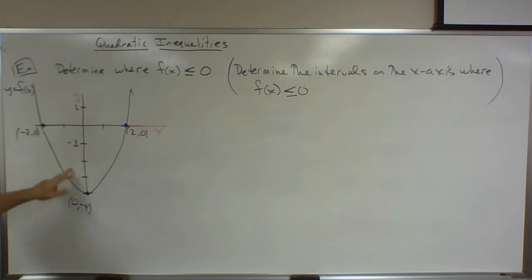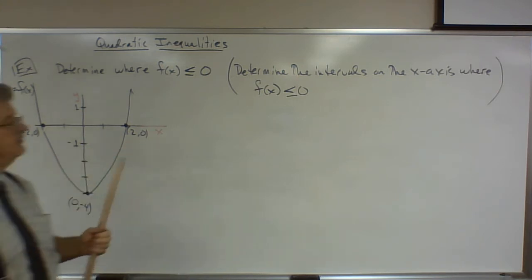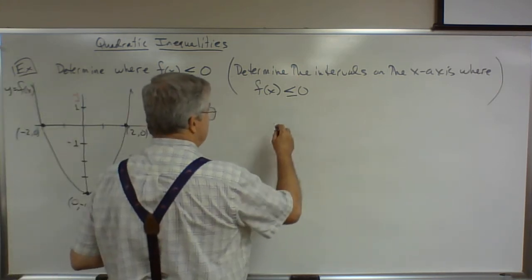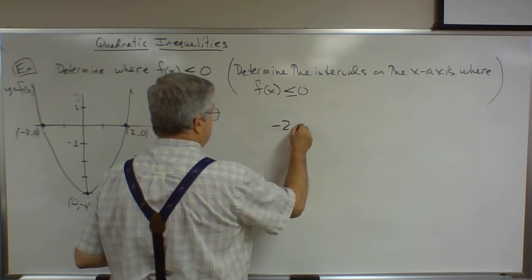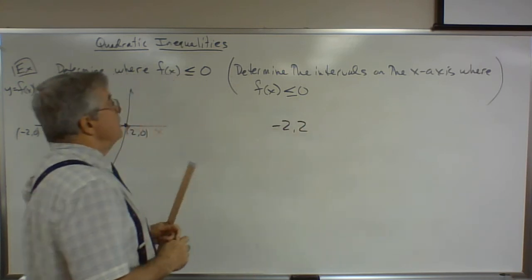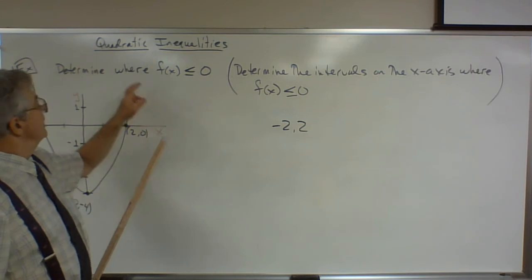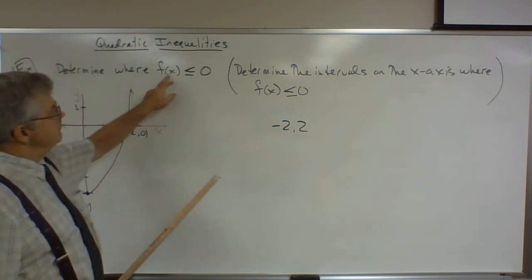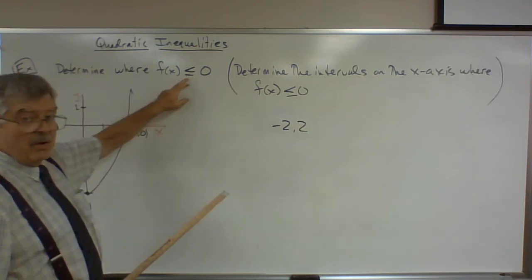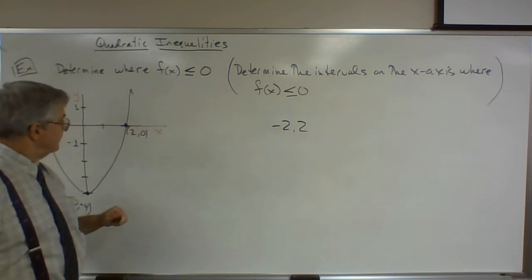Wherever the graph is below the x-axis, f of x is negative. So again, the graph lies below the x-axis from x equal negative 2 to x equal positive 2. But here we say, determine where f of x is less than or equal to 0.